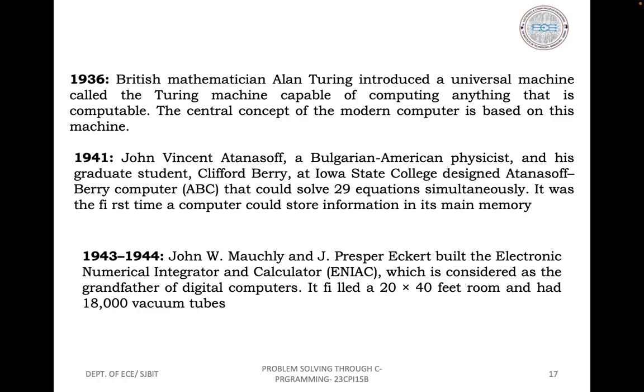In 1943 to 1944, John Mauchly and Presper Eckert built the Electronic Numerical Integrator and Calculator, which is considered as the grandfather of digital computers. It filled a 20 by 40 feet room and had 18,000 vacuum tubes.